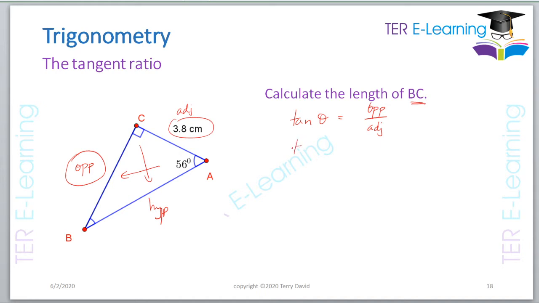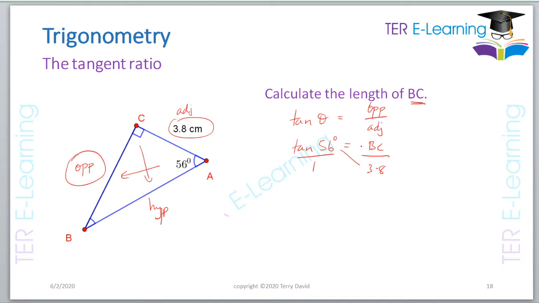So therefore, tan 56 degrees is equal to opposite, which we don't know, but is BC. So you put in BC divided by adjacent, which in this case is 3.8 cm. Again, we have to cross multiply. So tan 56, you can write that as tan 56 over 1.